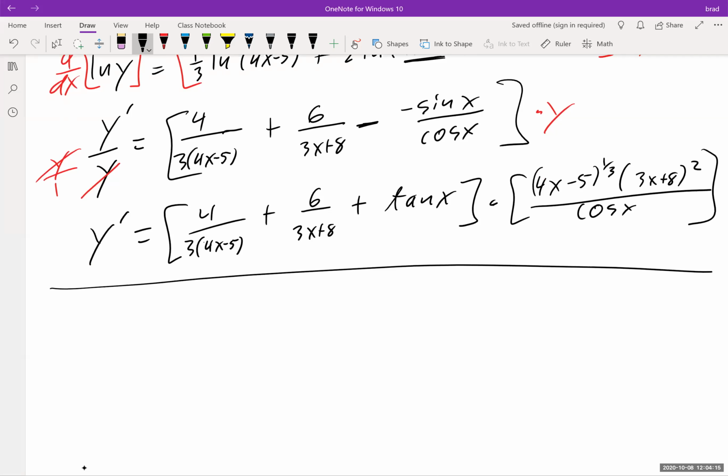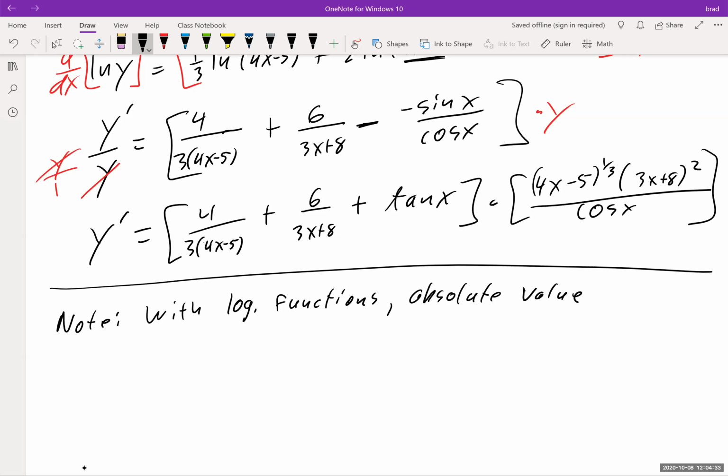A little note. With logarithmic functions, absolute values don't matter when you take the derivative, because the log already has to be positive anyway, so there's no point.